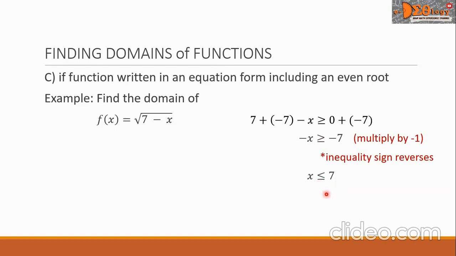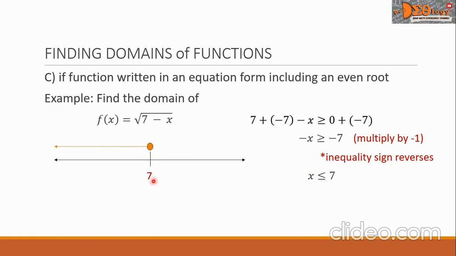Now, just to illustrate, we're going to put this on the number line. So here is the positive 7. So x less than or equal to positive 7 means those numbers on the left side of this positive 7. So this is our graph. And we put a solid dot on top of 7 because of the less than or equal sign.